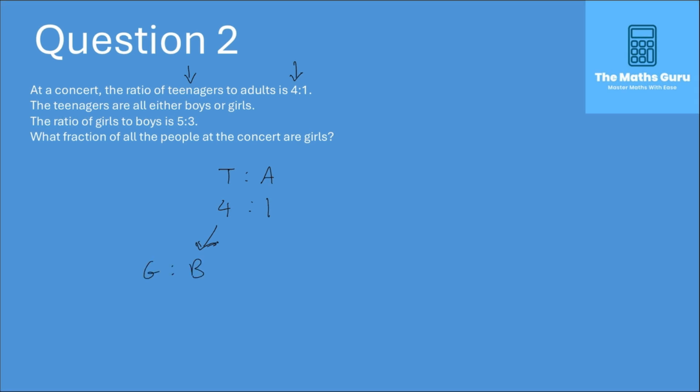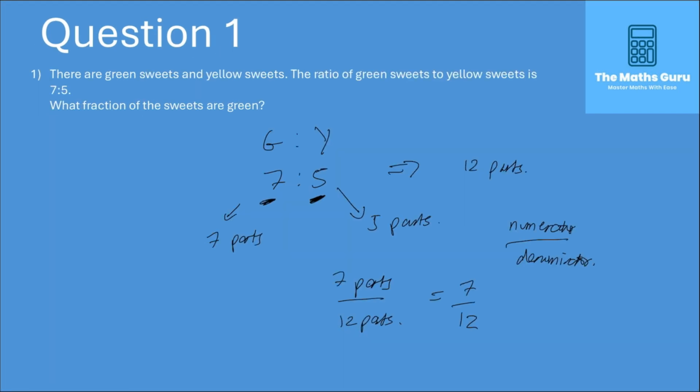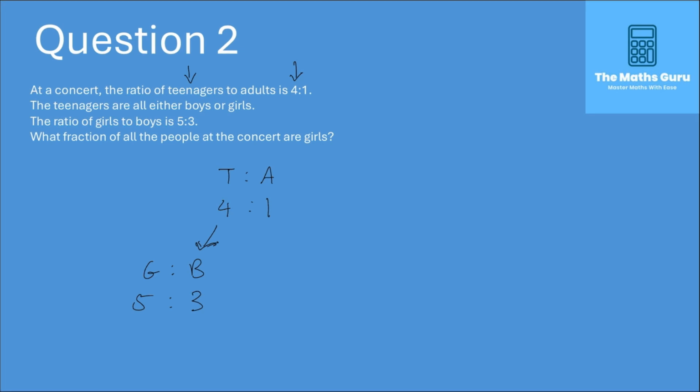Girls to boys, and the ratio is 5 to 3. Okay, so what fraction of all the people at the concert are girls? Okay, so this is an extra step to this question, but a similar sort of concept. Let's first work out what is the fraction of girls out of the teenagers. So this is the teenager section. Now, for every 5 girls, there are 3 boys.